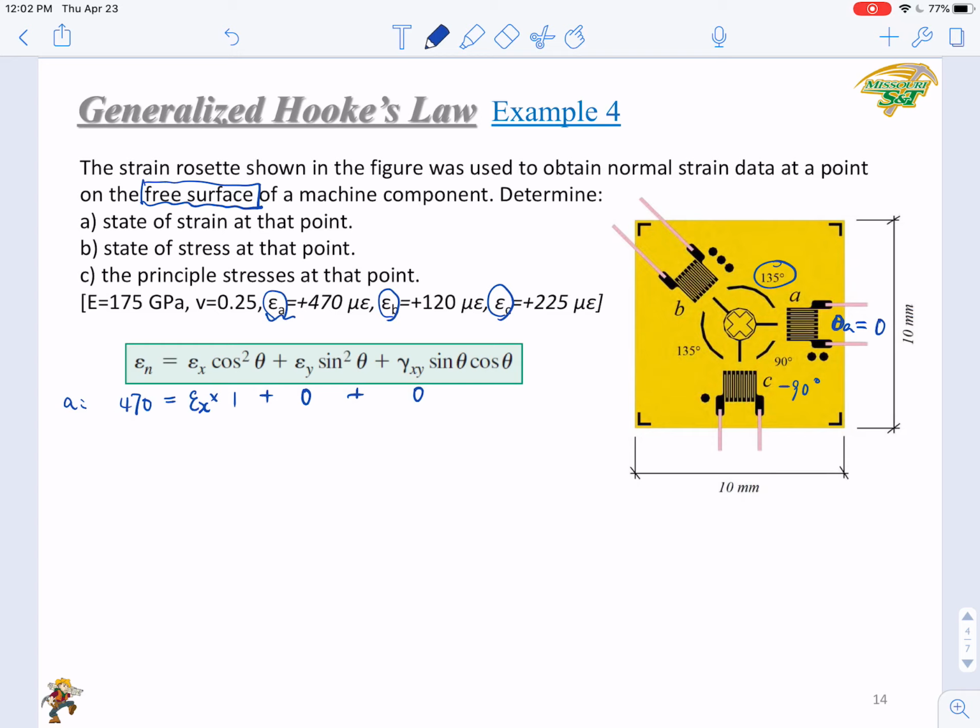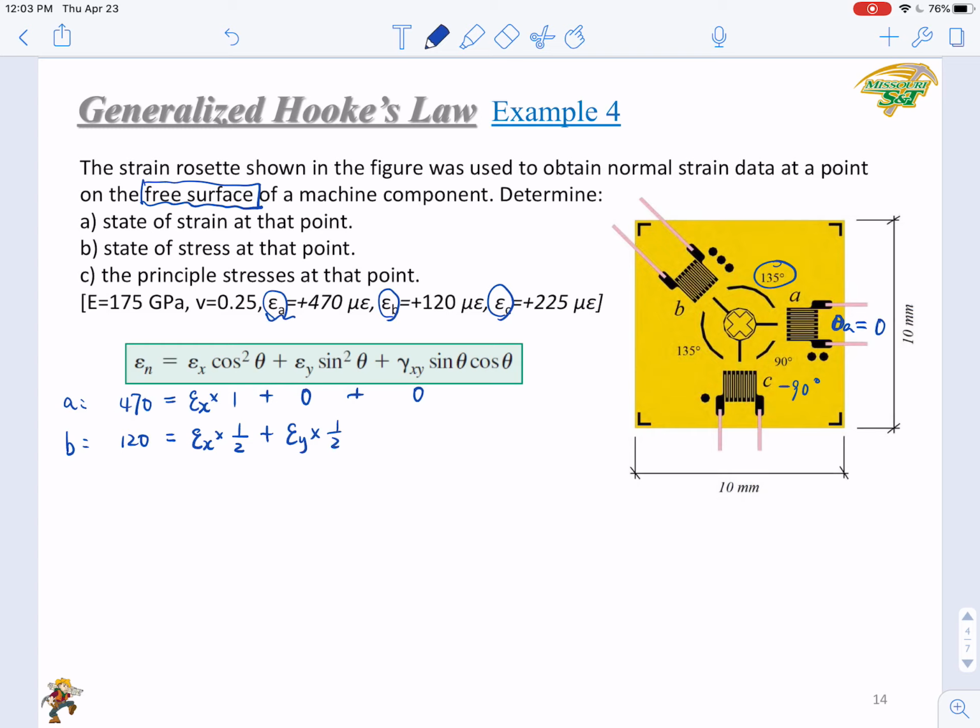Then at point B, the reading is 120, and so epsilon x times cosine squared of 135 degrees will be 0.5. Then plus epsilon y times sine squared of 135 degrees, which will also be 0.5.